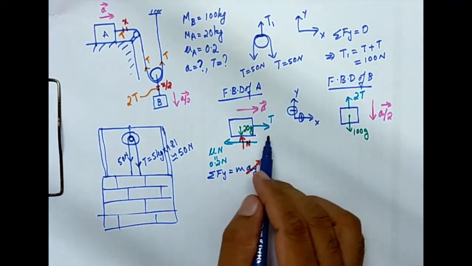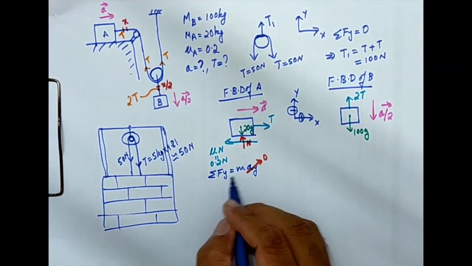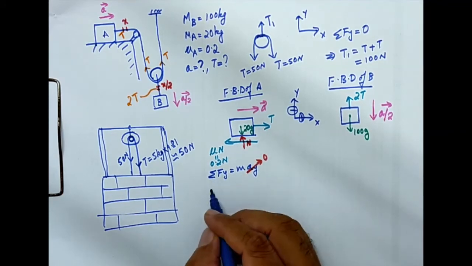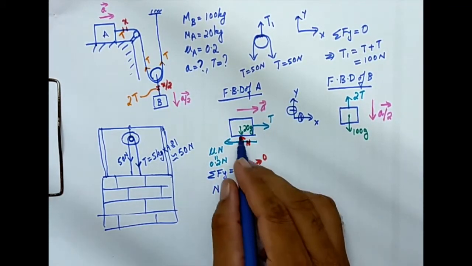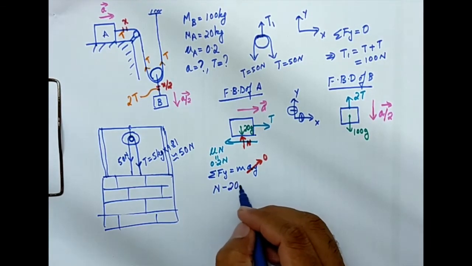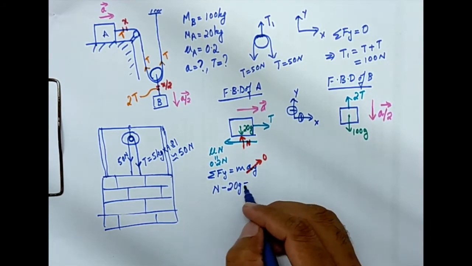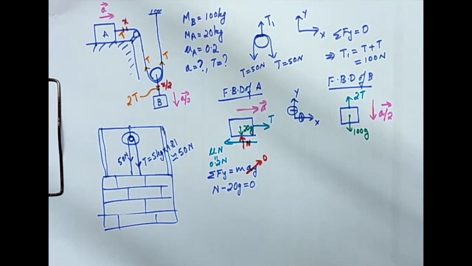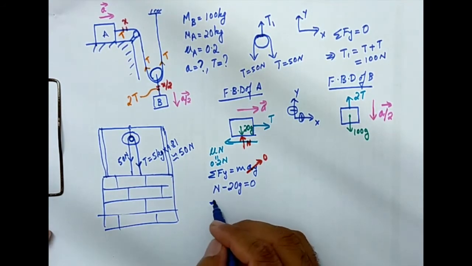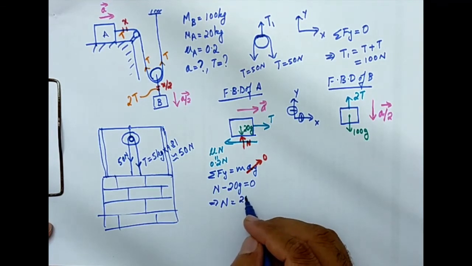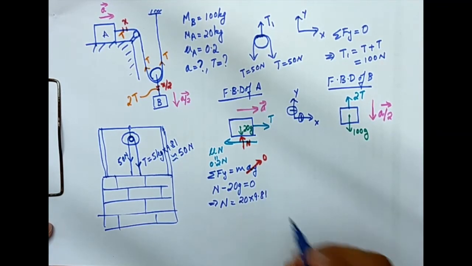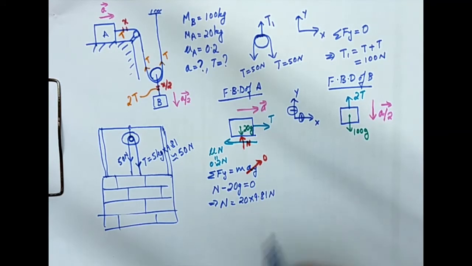Now I can write sigma Fy: there is N acting upward and 20 g downward, equal to 0. There are no other forces, so I'll be getting N is equal to 20 into 9.81 newtons.